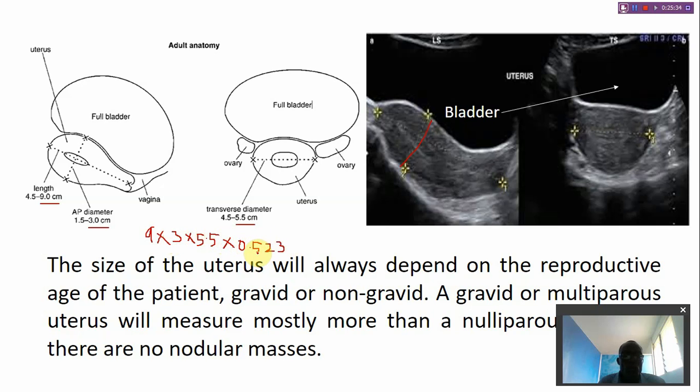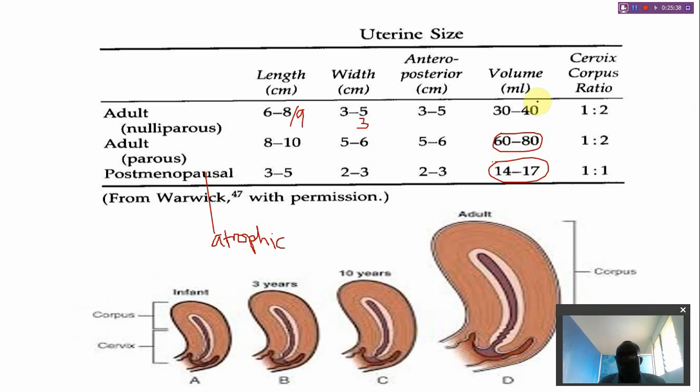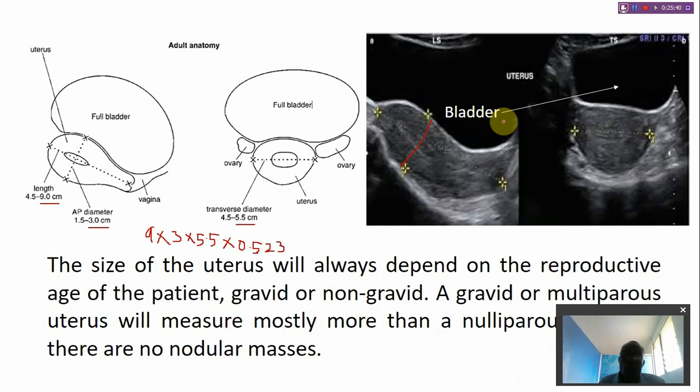This will give you a normal volume of the uterus that falls within this range. So when you do this, you are going to get the normal volume of that.